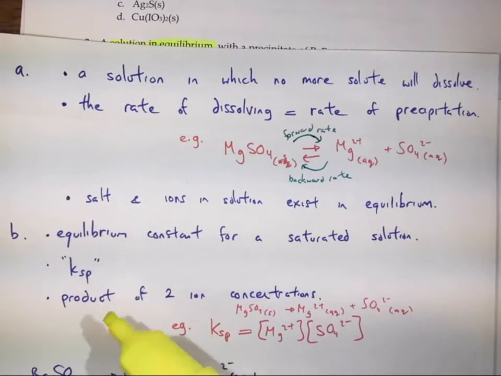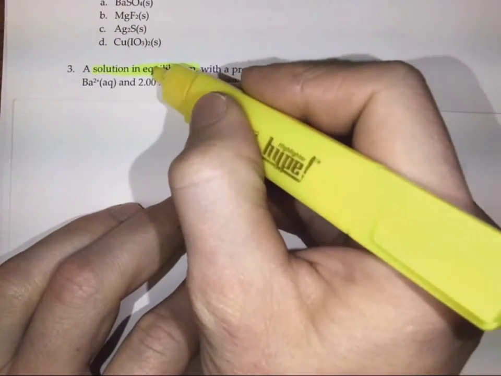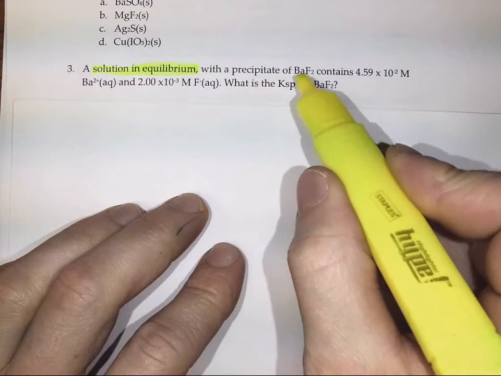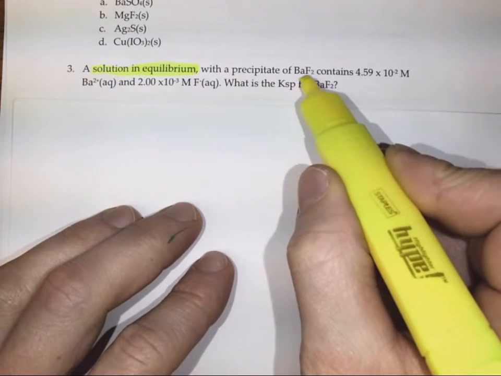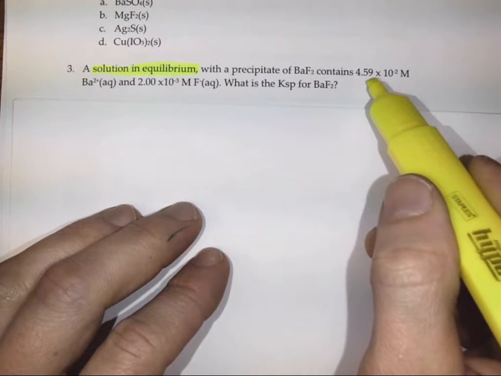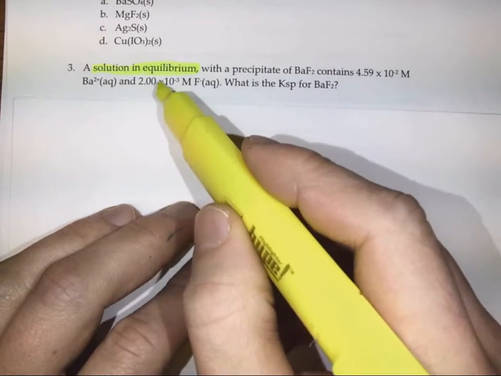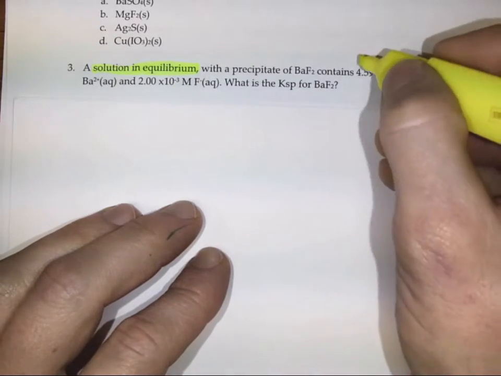That means saturated. And we have this precipitate of barium fluoride, and the solution contains some concentration of barium ions and some concentration of fluoride ions.